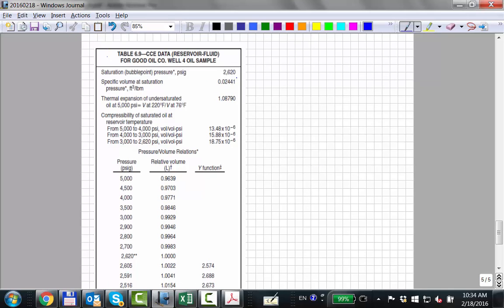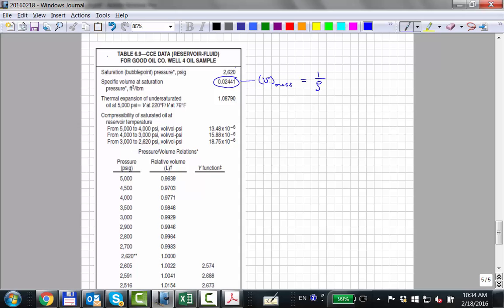So this here is basically what we call specific volume on a mass basis, so I'm not sure exactly how I would write it. That's basically the same as 1 over density, mass density.